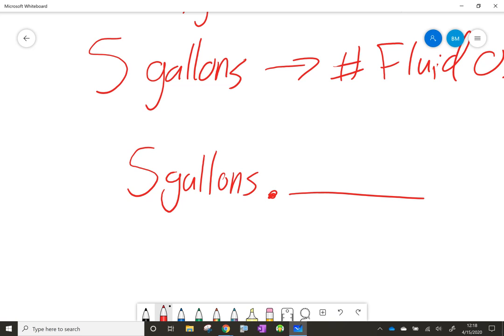But the question is, should I put 128 over 1, or should I really multiply it by 1 over 128? So should I have it as 1 gallon to 128 fluid ounces, or should I reverse it and say 128 fluid ounces to 1 gallon?